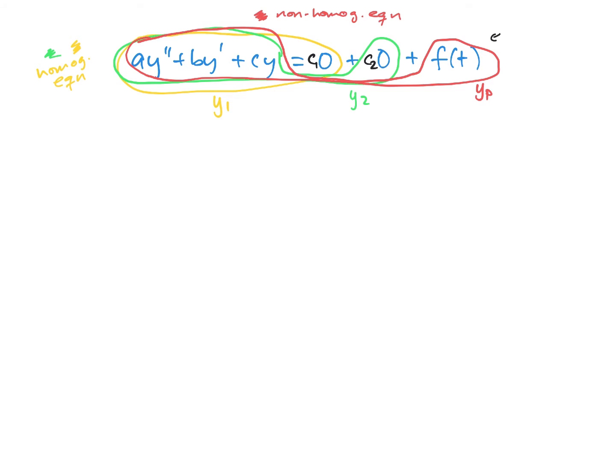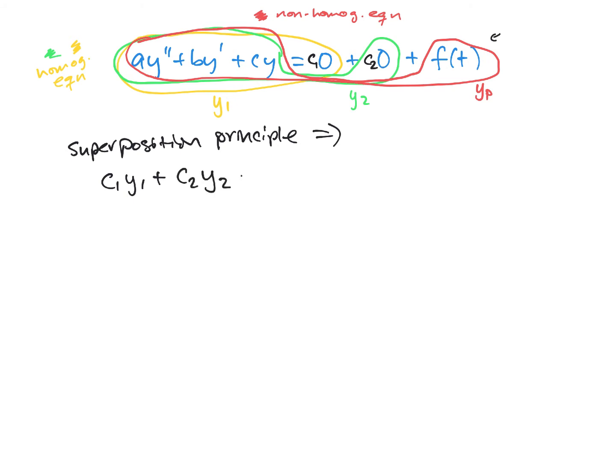So by our superposition principle, we get that C1 y1 plus C2 y2 plus yp is a solution to that equation up there, okay?